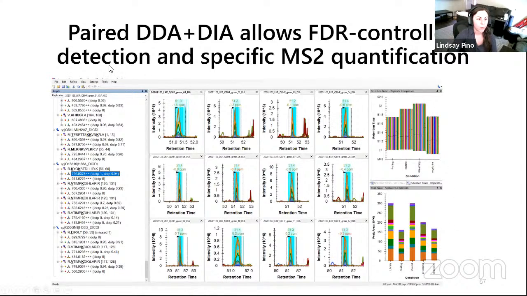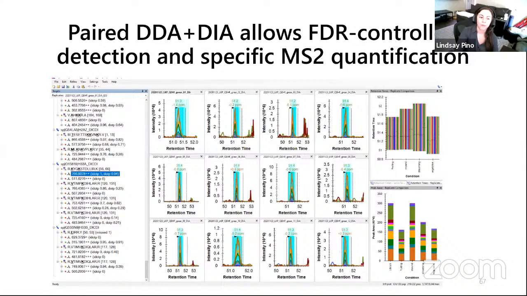When you have one of these paired DDA spectral libraries in Skyline, you can visualize each one of the MS IDs in that DDA search on top of your chromatogram, and it makes these vertical cyan colored lines. So you can see this chromatogram that has been detected in Skyline. It's picking the peak right here where we've got all of those paired DDA MS IDs.